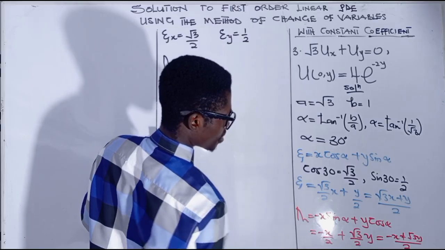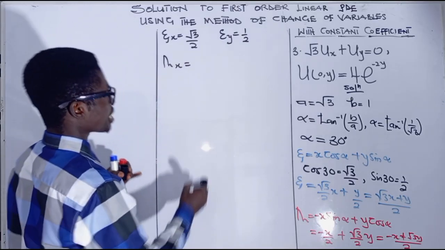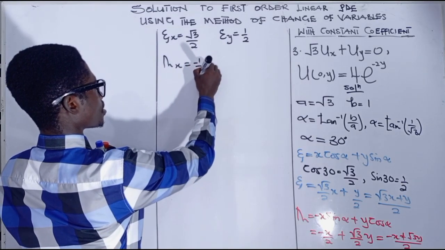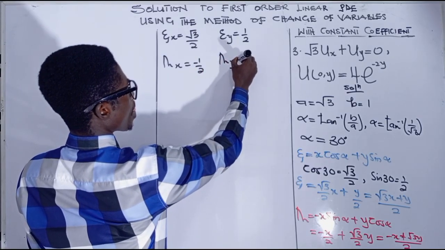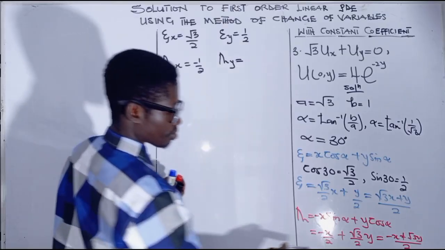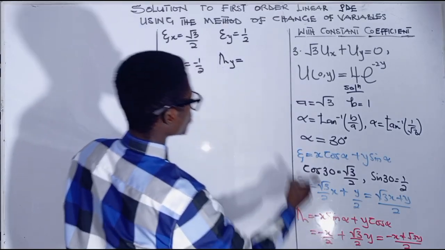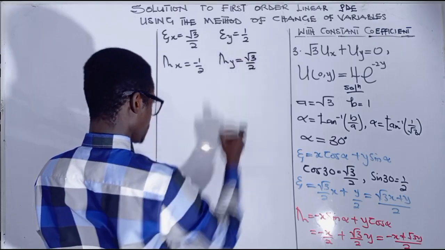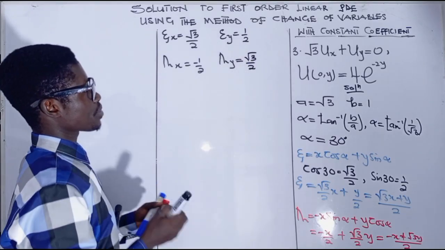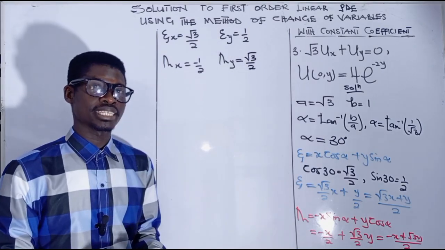So this will give us 0. And then this is giving us what? Minus half. And then we have eta y. So this will give us 0. We are left with root 3 all over what? 2.